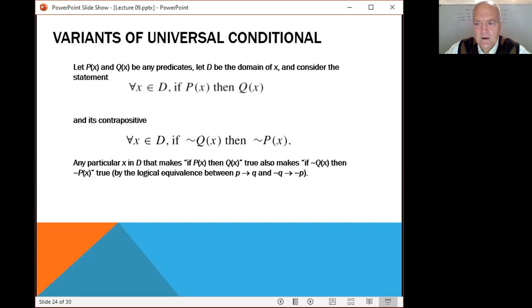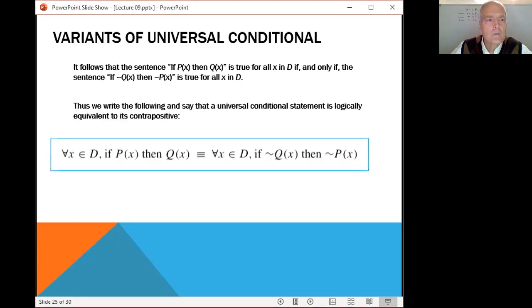So what we're saying there is that this is going to be true by the logical equivalence that we established in chapter 2, that if P then Q is logically equivalent to if not Q then not P. So here we see the formal equivalence of a statement and its contrapositive.